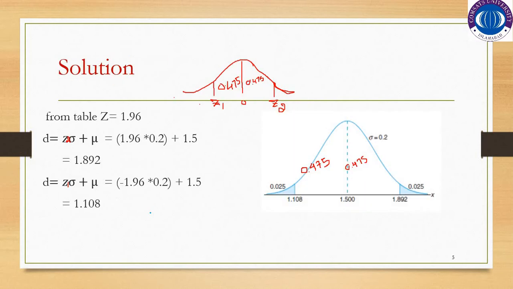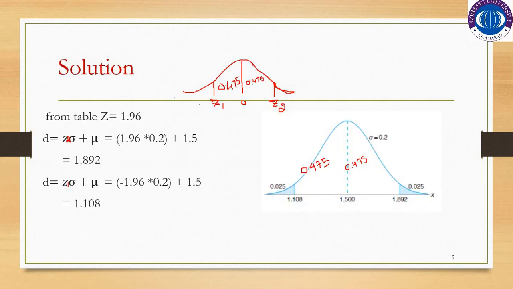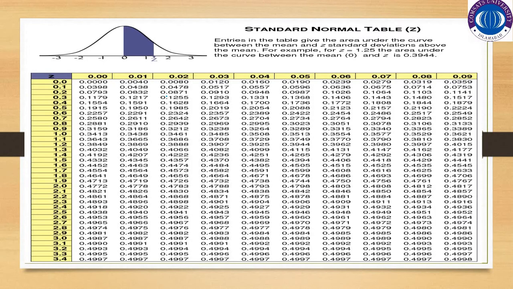Now, this is the scenario, this is the mean 1.50, and this is the area 0.95, and we are using the standard normal table to find out the specific value, and that particular table is giving us the area between mean to some specific value.